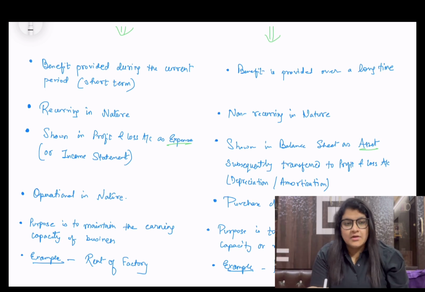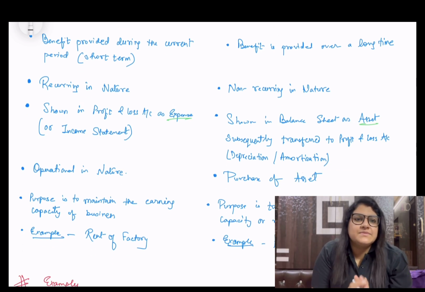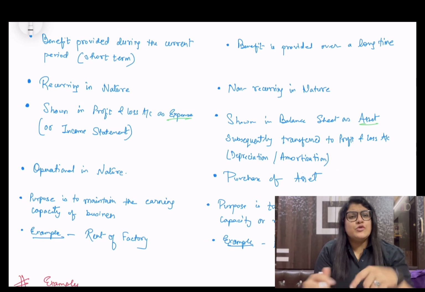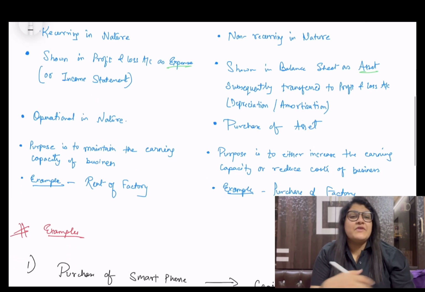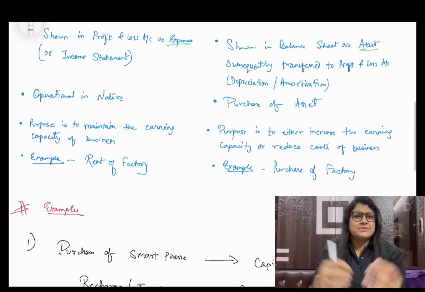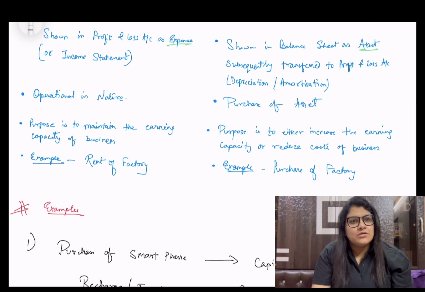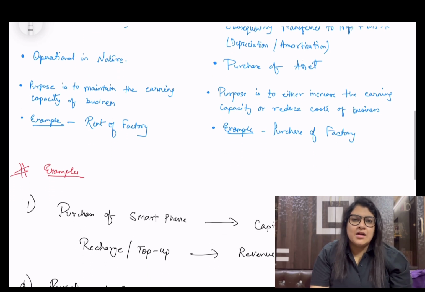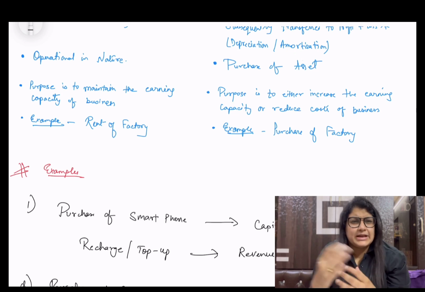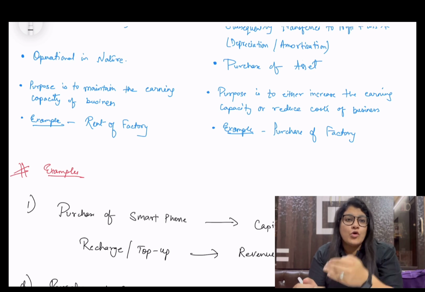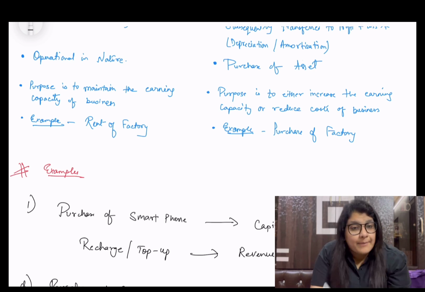Example. If you want to buy a factory, it becomes capital expenditure. If you rent a factory, it becomes revenue expenditure. There are various other examples. Daily life examples के बारे में बात करते हैं. If you purchase a phone, capital expenditure. But if you do the recharge or a top up for the internet speed and data pack, that is revenue expenditure. If you buy a four-wheeler, a car, capital expenditure.